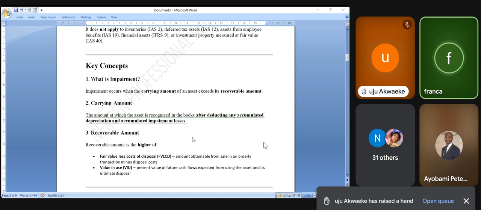First stage is to test if there is an indication for impairment, and those indications are both internal and external, which we'll mention later. The second stage, if there is an indication, is to calculate the recoverable amount, which is the higher of fair value less costs and value in use. And the third stage is to compare the carrying amount to the recoverable amount.